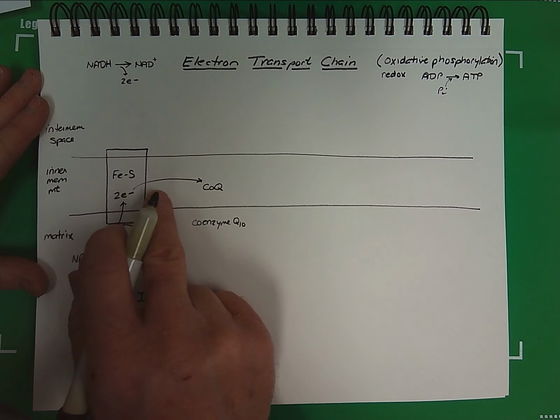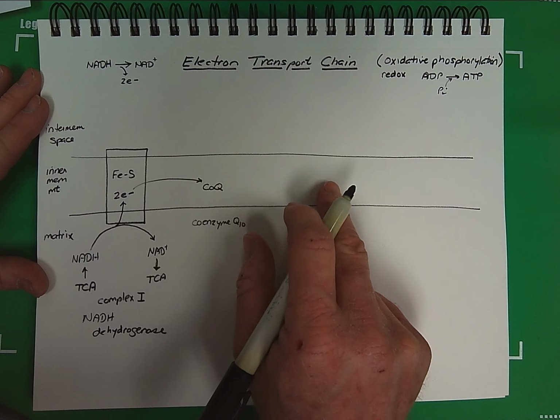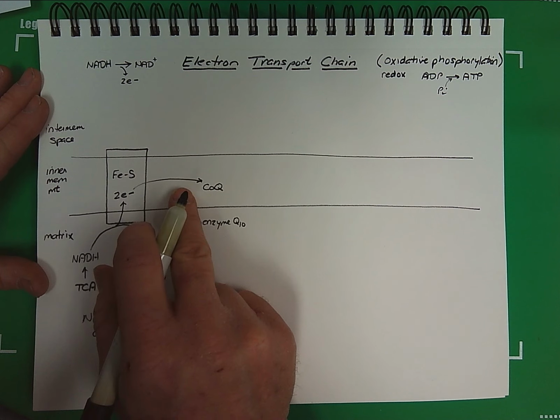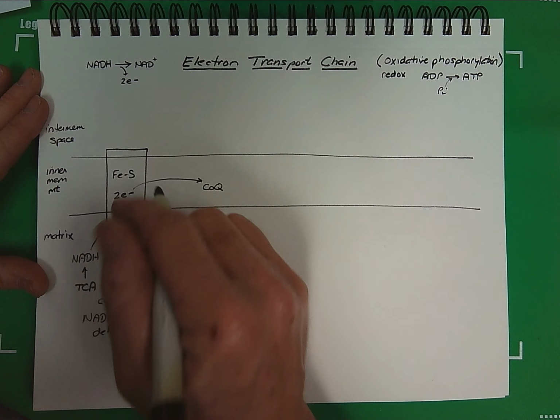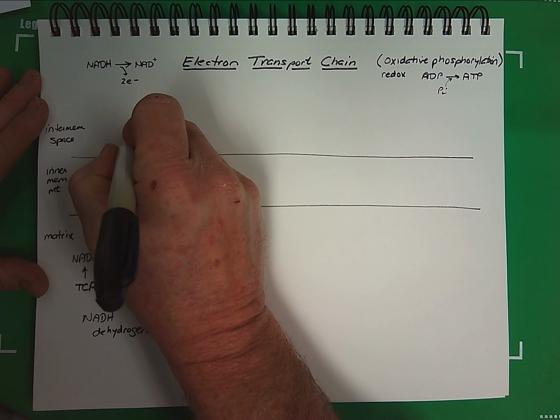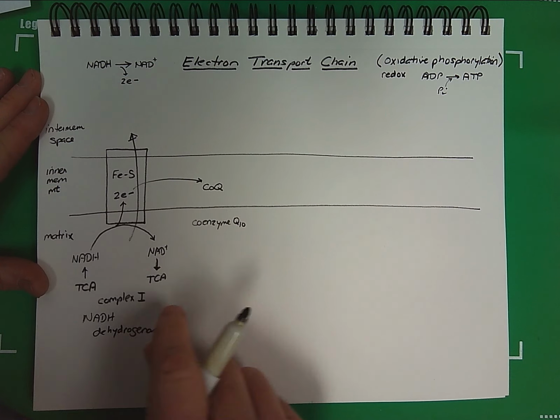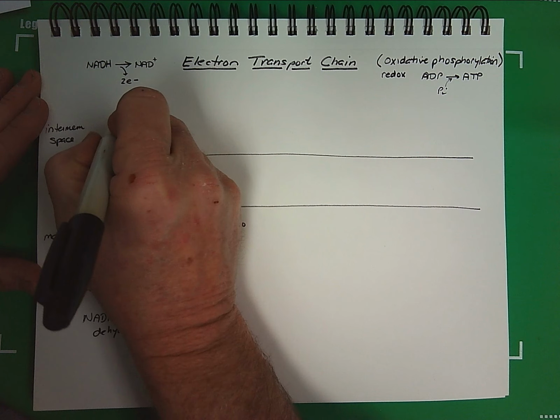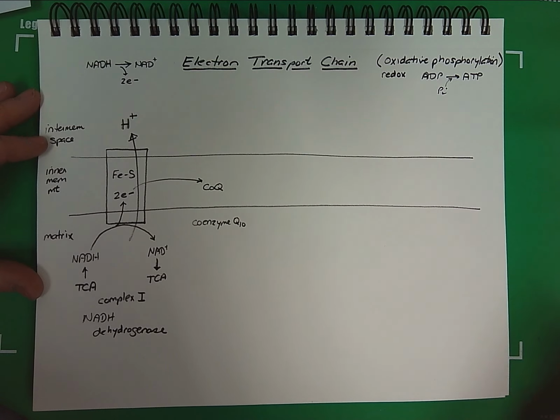The electrons now will move down an energy gradient as we move down the electron transport chain, and the energy that is released from moving down this energy gradient is going to be used for work. And what this work means is that we are going to pump protons from the matrix of the mitochondria into the intermembrane space.